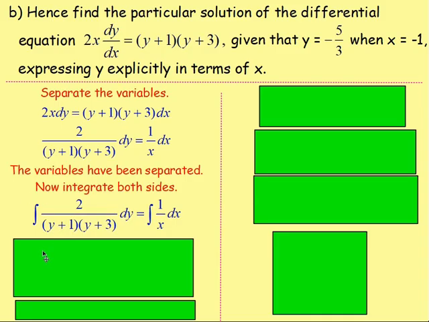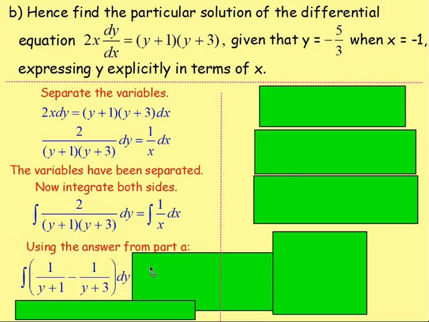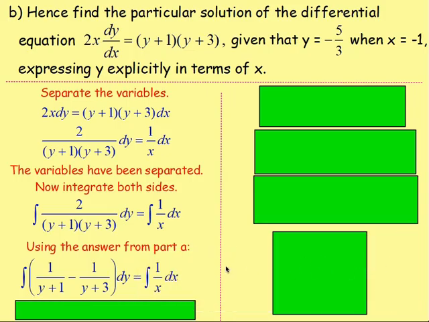Part A asked us to express 2 over (y + 1)(y + 3) in its partial fractions, so we can replace this with the answer for part A. That gives us the integral of 1 over (y + 1) take away 1 over (y + 3), and that will still equal the integral of 1 over x dx.